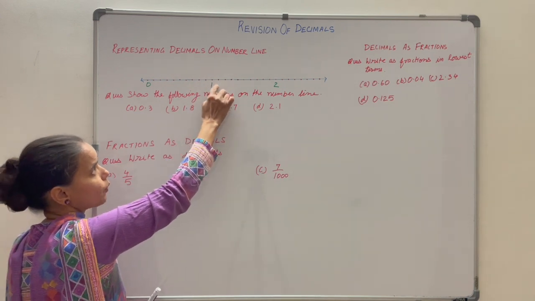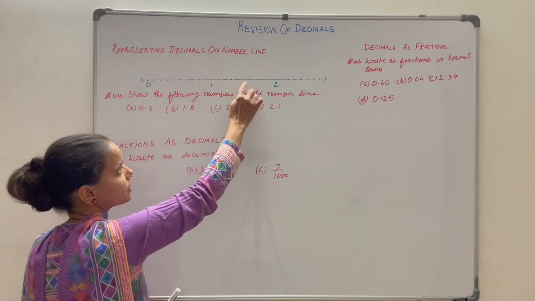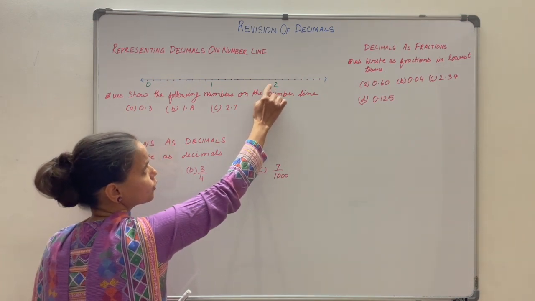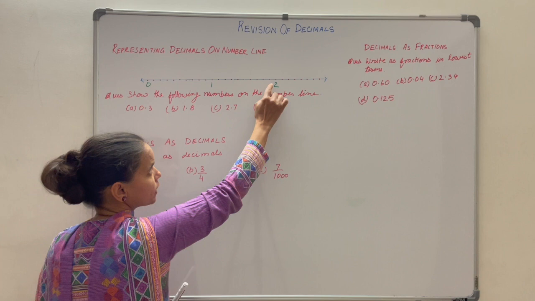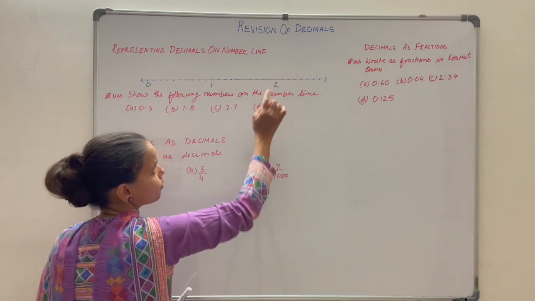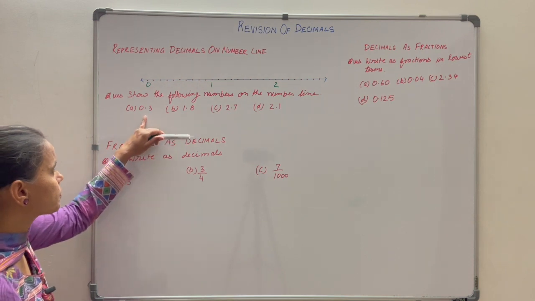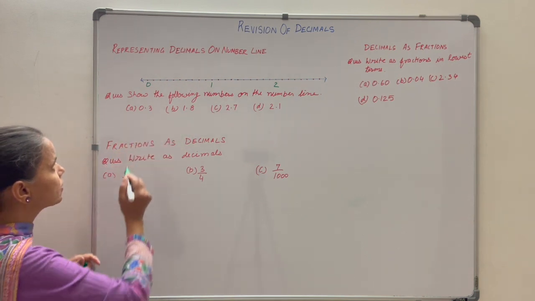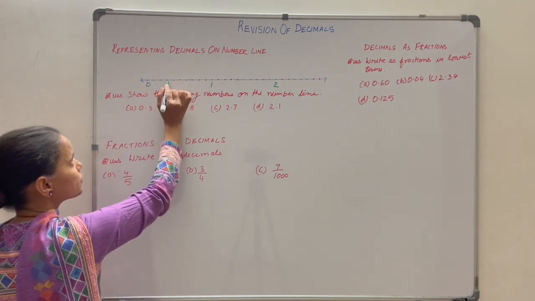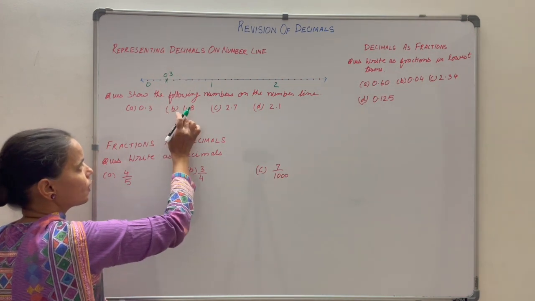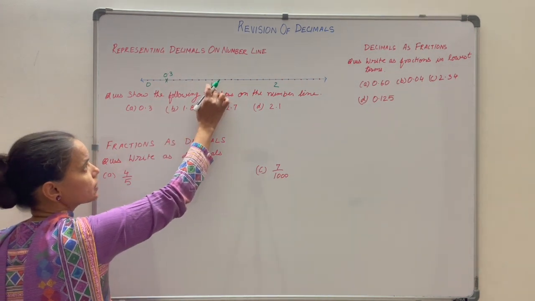Then this is 1.1, 1.2, 1.3, and so on, 1.9, then 2. You add 0.1 to 1.9, you get 2. This is 2.1. So like that, it keeps on going. So you have to represent 0.3. So 0.1, 0.2, this is your 0.3.